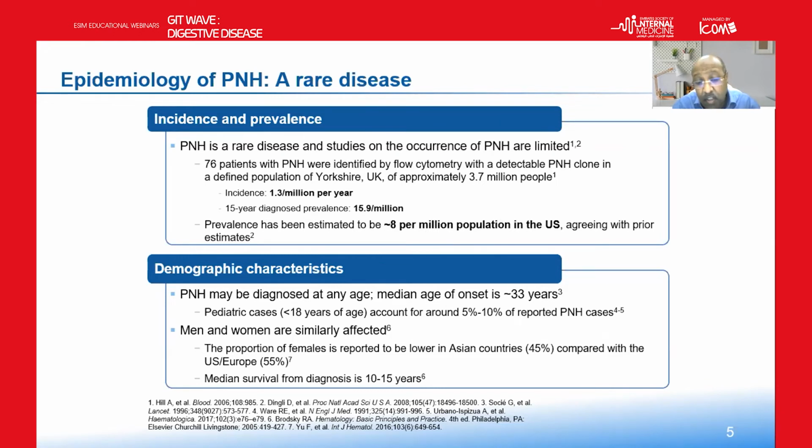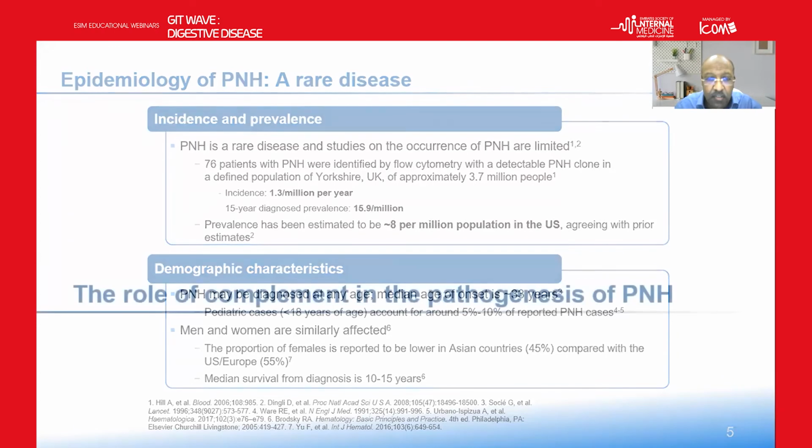Recently, in Durham Hospital, we diagnosed a 10-year-old child with PNH presenting with aplastic anemia. He has traveled to the US now for a bone marrow transplant. It can affect men and women equally. And the median survival from diagnosis is 10 to 15 years, and this is before we started using eculizumab, that is, without the proper treatment.